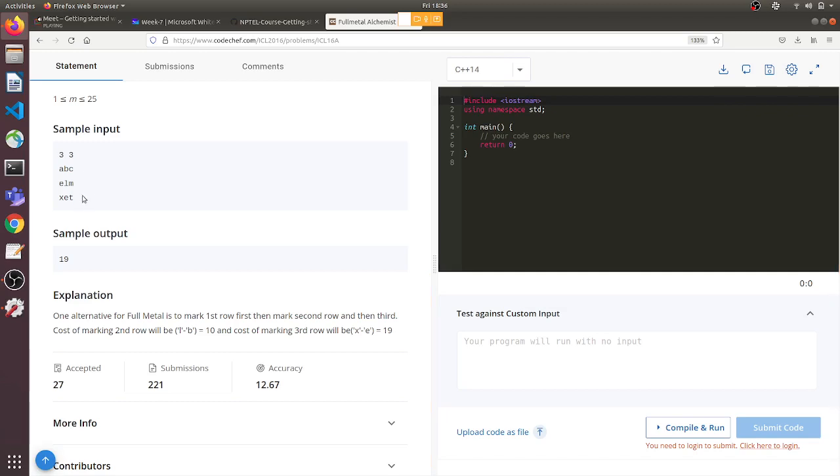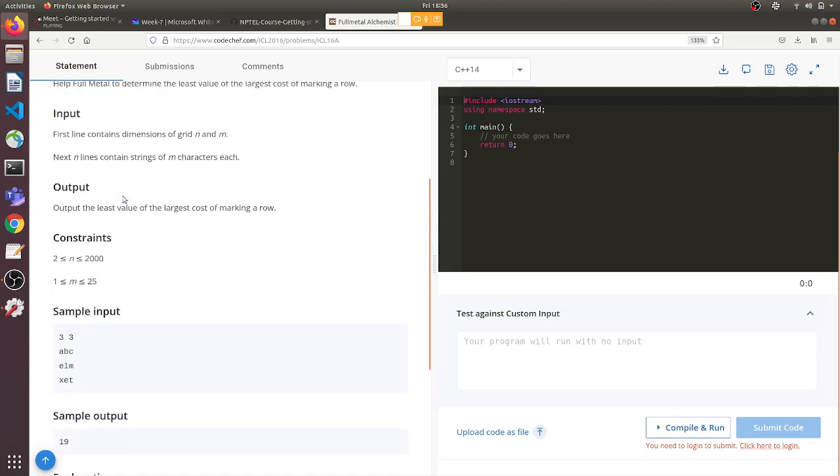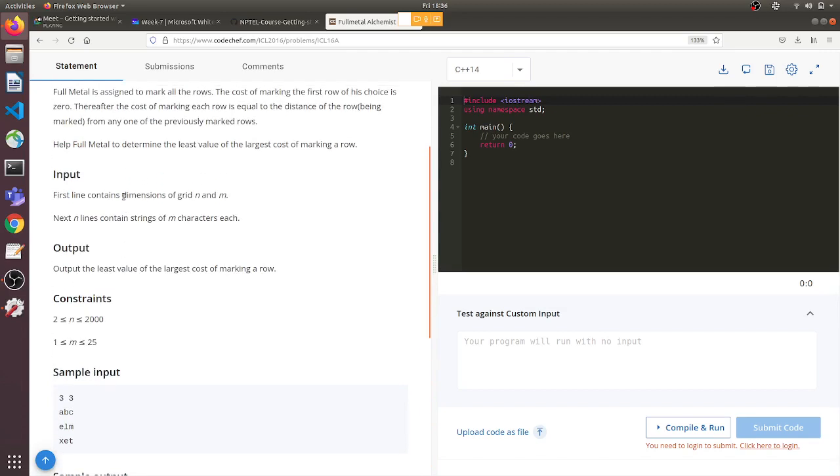So the distance between first and second row is 10. Second and third row is X minus E, which is I think 19, right? Yeah, X minus E is 19. And what's this? So output the least value of the largest cost of marking a row.